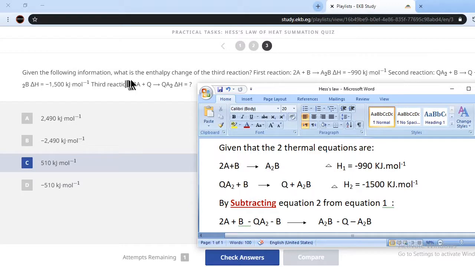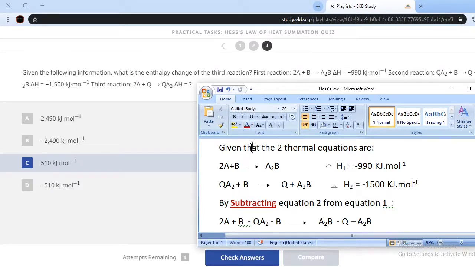Given the following information, what is the enthalpy change of the third reaction? The first reaction 2A plus B gives A2B, delta H minus 990 kJ per mole, and the second reaction QA2 plus B gives Q plus A2B, delta H minus 1500 kJ per mole. Third reaction 2A plus Q gives QA2, what is its delta H?